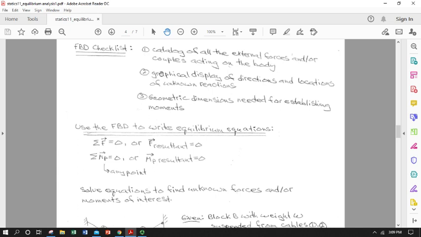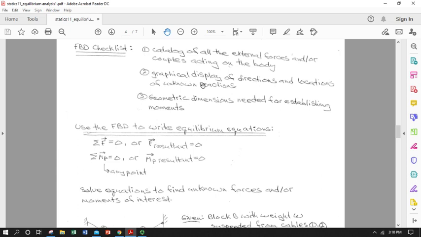Okay, next, you graphically display directions, locations, lines of action, and locations of contact of all of the unknown reactions. So you're going to put down your applied forces, where they're acting or their lines of action, and then if you have supports, a hinge, a pin, the ground, anything else that's resisting those forces, you add forces that represent those, and locations are very important.